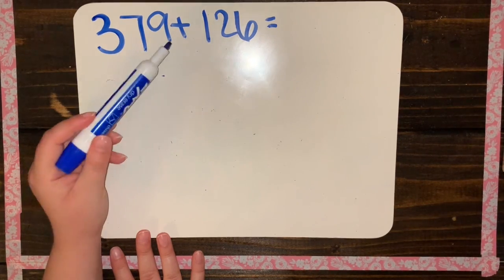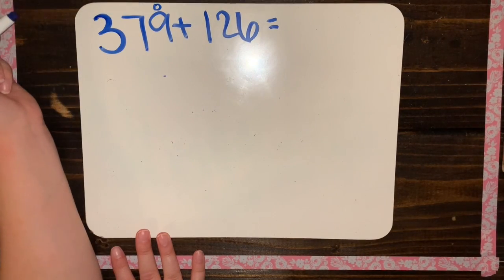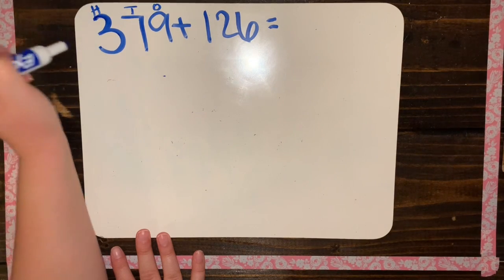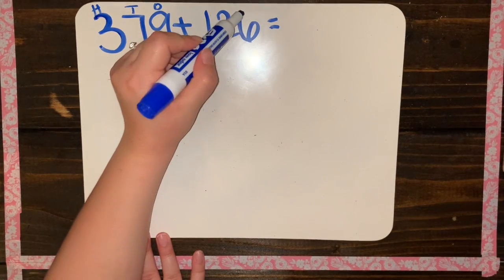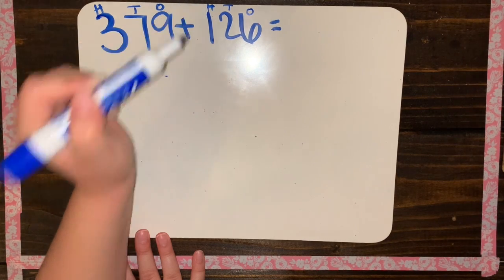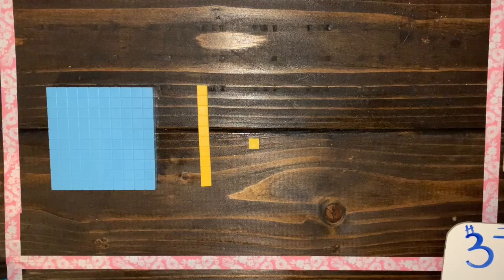So I need to know that this right here is my ones, this is my tens, and this is my hundreds. This is my ones, this is my tens, and this is my hundreds. So now that I know which base 10 blocks I'll need, I can go ahead and start.